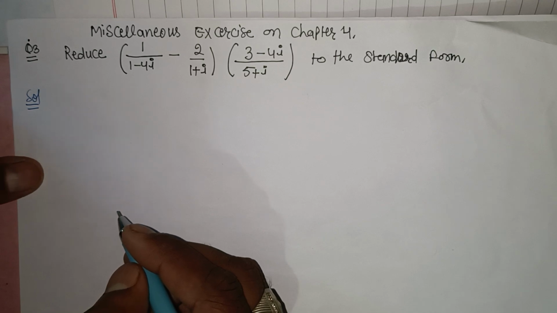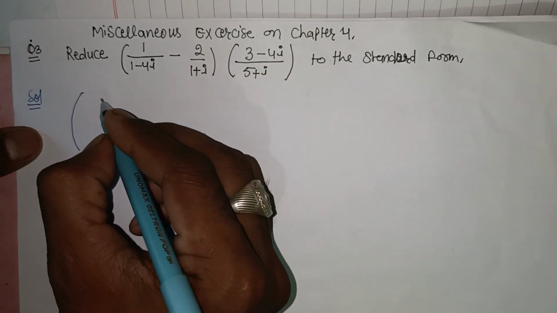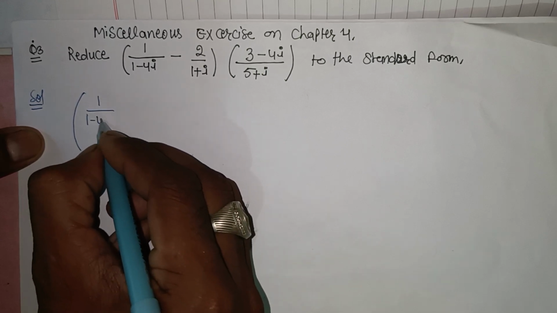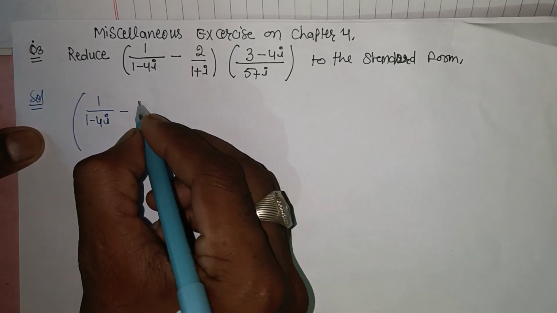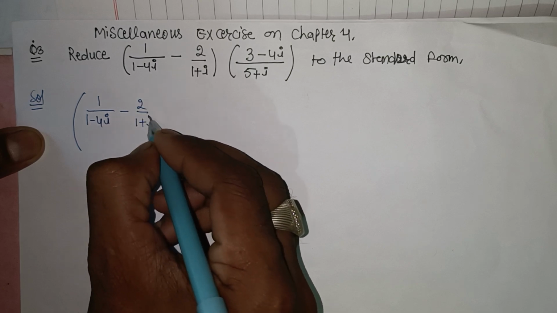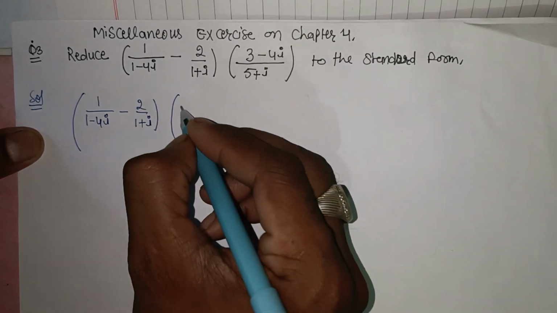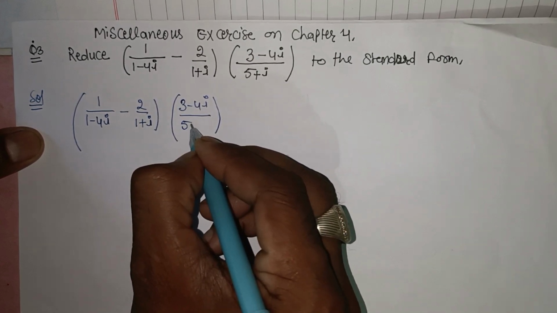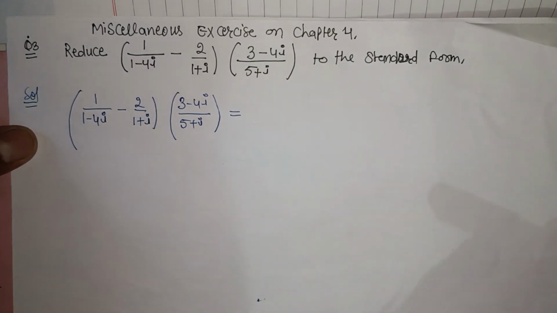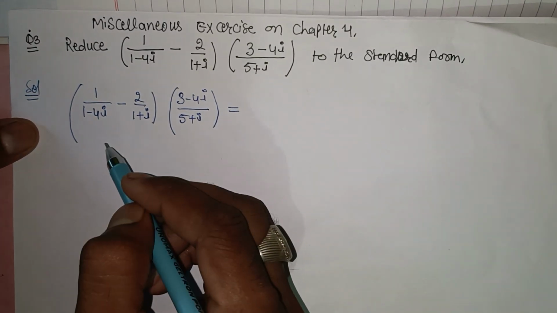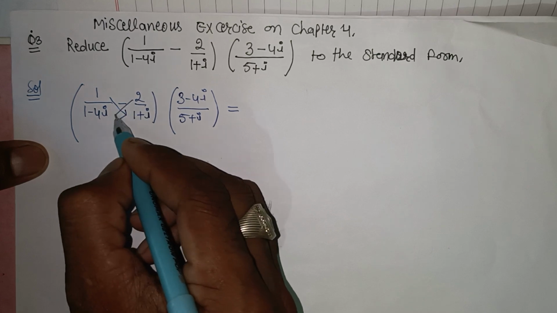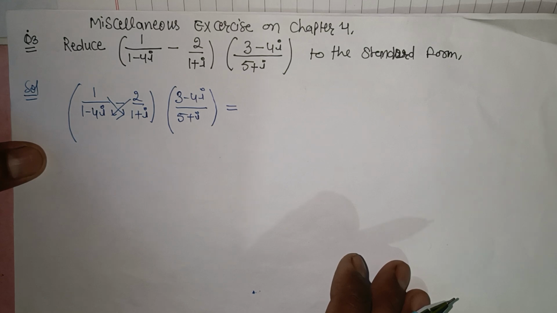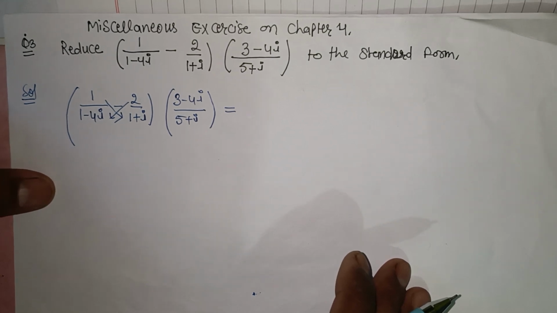Firstly we have to solve this particular portion of the question, that is 1 upon 1 minus 4 iota minus 2 upon 1 plus iota, into 3 minus 4 iota upon 5 plus iota. We can solve this portion by different methods, by the LCM method or the cross multiplication method.